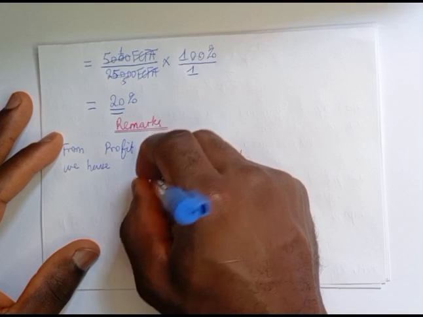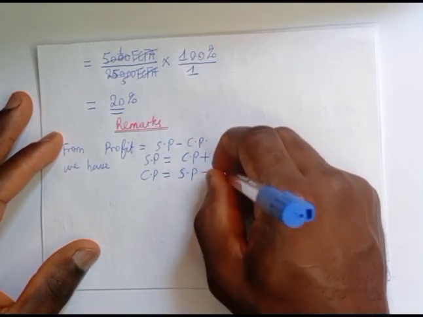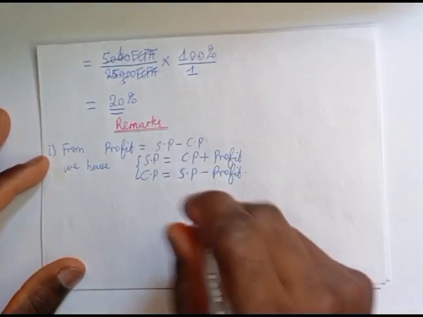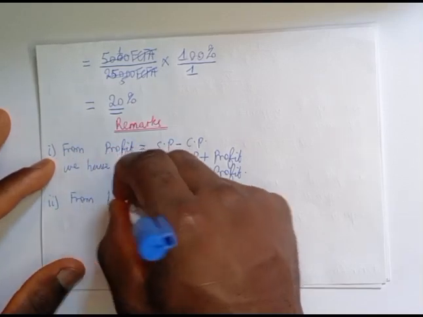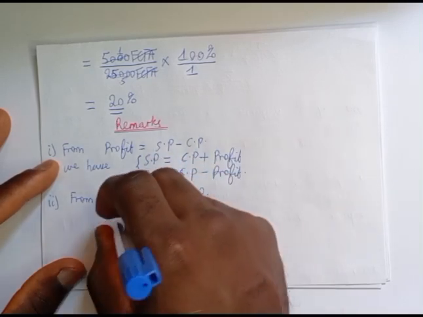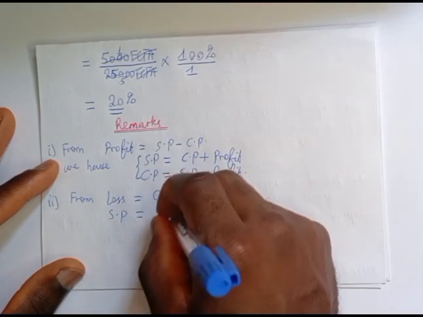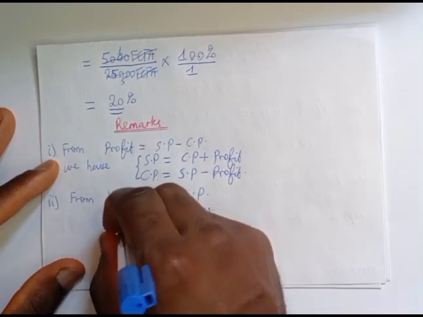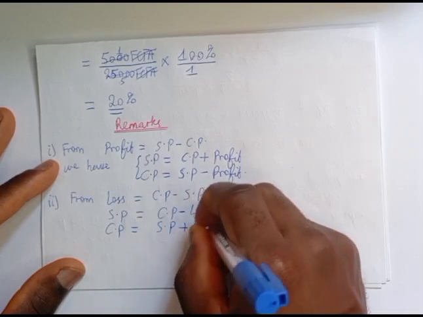And also we have the cost price to be equal to the selling price minus the profit. You take note of this. We go to the next, 2i, from loss equal to cost price minus selling price, we have the selling price equal to the cost price minus the loss, and we have the cost price equal to the selling price plus the loss.